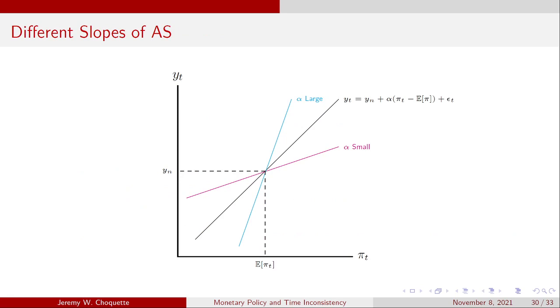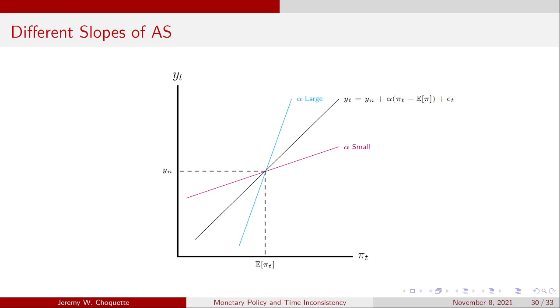This is what it would look like. If we graphed output on the vertical axis and inflation on the horizontal, you can see if alpha is equal to 1, then it just has a slope of 1. There's a 1 unit increase in inflation. There's going to be a 1 unit increase in output.